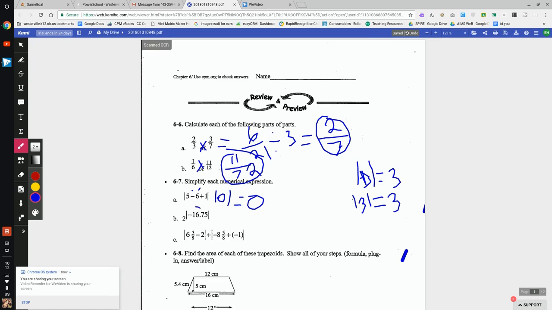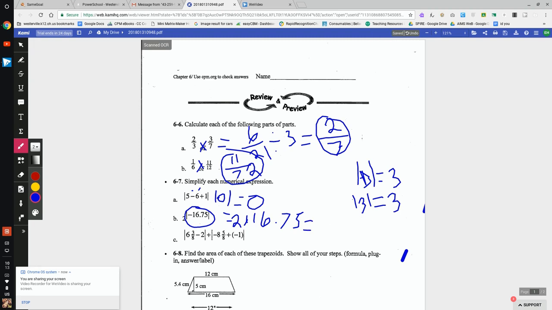Looking at the next one, so first we look at -16 and 75 hundredths. How far is that from 0? So we know that's equal to a positive 16.75. Now the 2 was on the outside, so when numbers are on the outside of brackets or parentheses, it means to multiply. So you'll have to multiply the 2 by the 16.75.